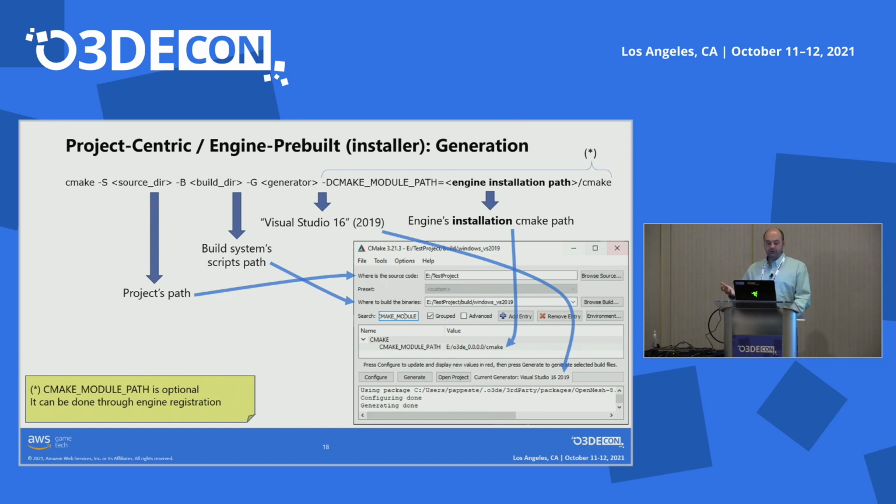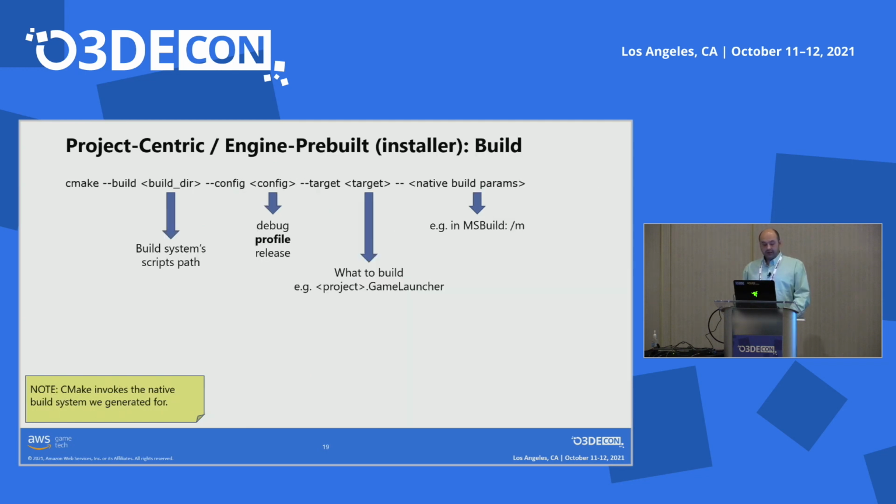Again, you can also use registration, so you will go to that folder and run O3DE or some registration script to get that engine registered, and then you can just refer to that engine by name. And then to build is exactly the same as a project-centric engine pre-build where you build the SDK. So the same things with config and target.